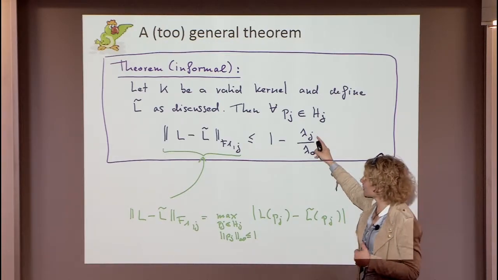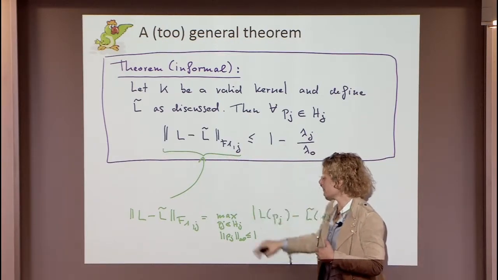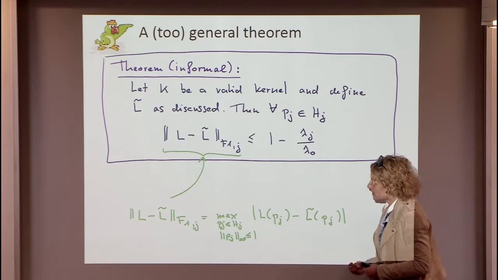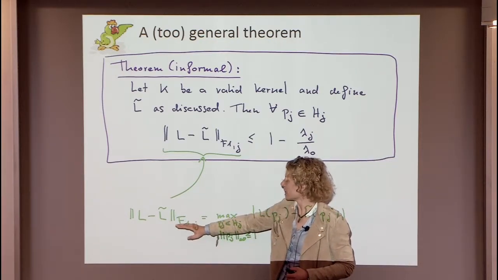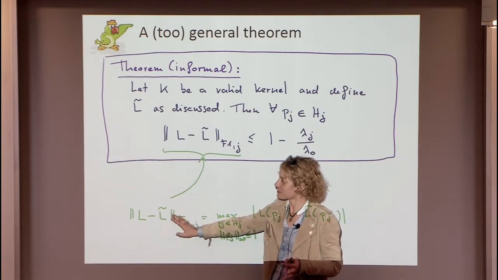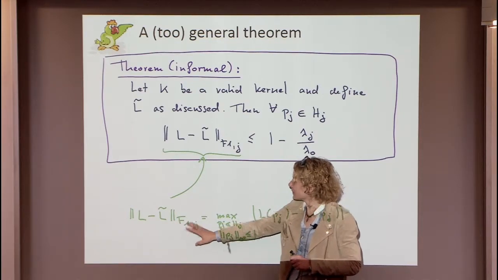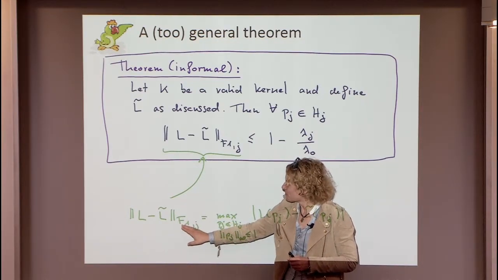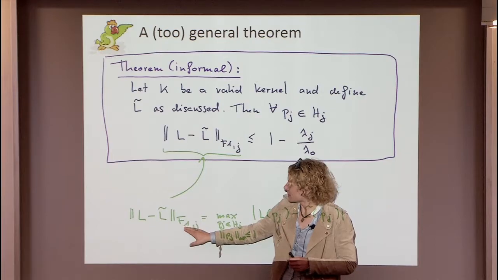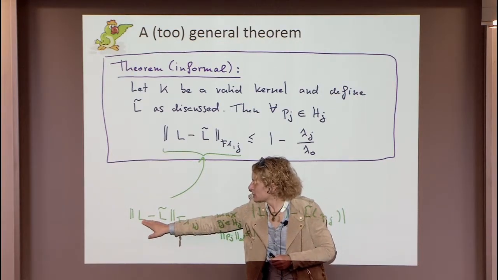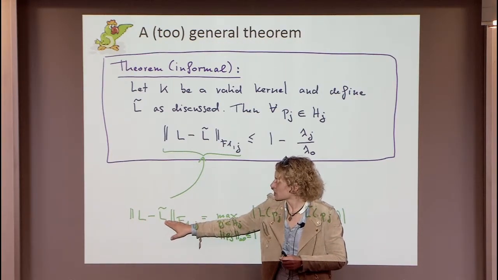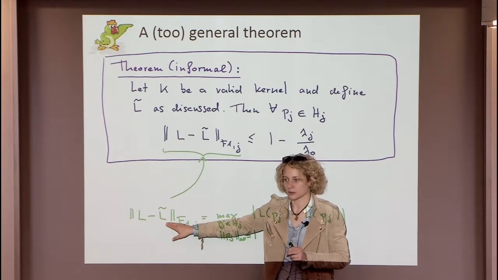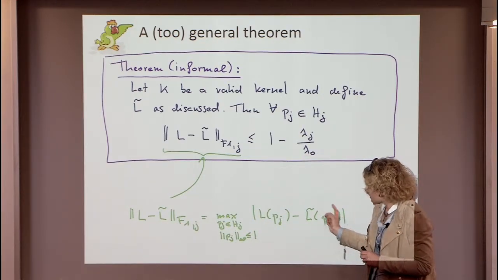Now you're probably wondering, what is this funny thing that I'm writing here? I like to write it here to remind us of, I guess there's some quantum thing sneaking in here, but only in terms of notation. You can think that this is a distance measure between L and the approximation L tilde that we just constructed. And how is this defined?